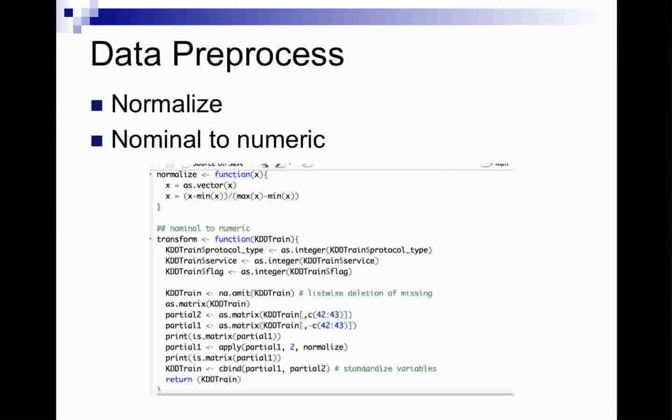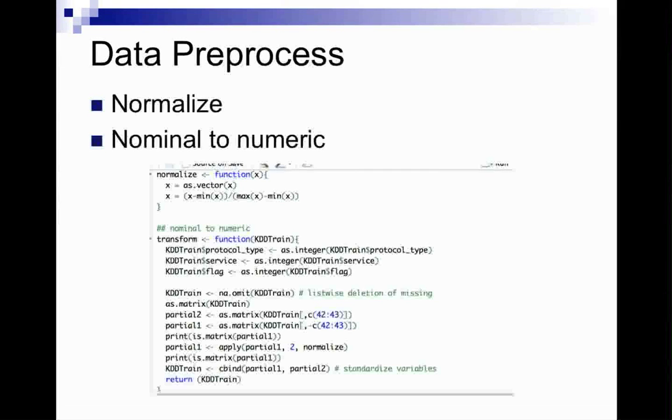Before I introduce my model, I want to talk a little bit about data processing. I will do two things. First, normalization. The second is nominal to numeric. The main reason I want to do that is because I will do some distance calculation based on the feature vectors.